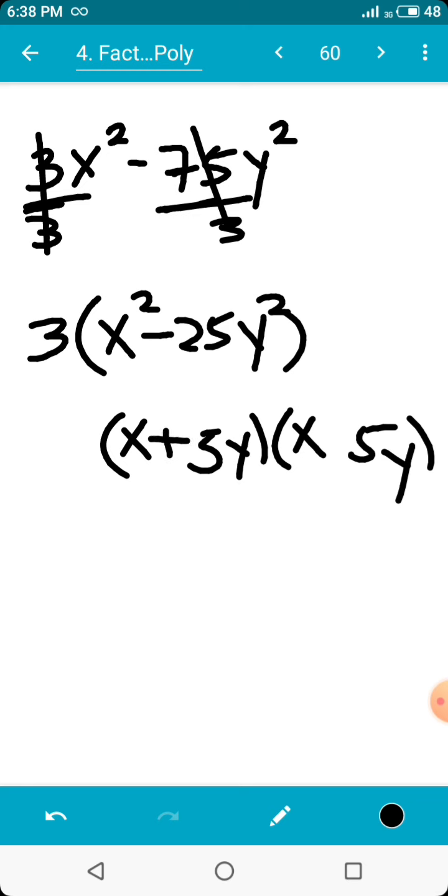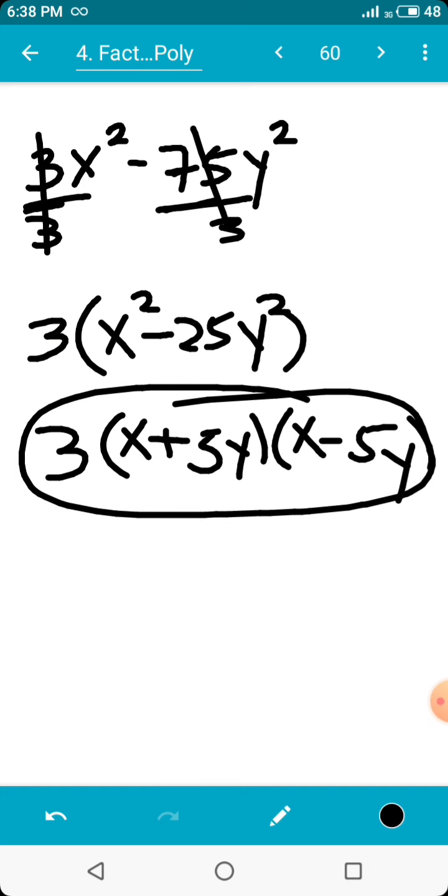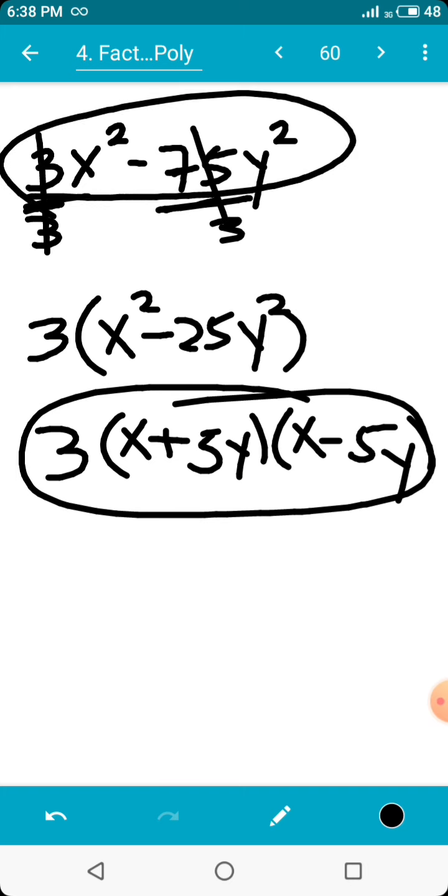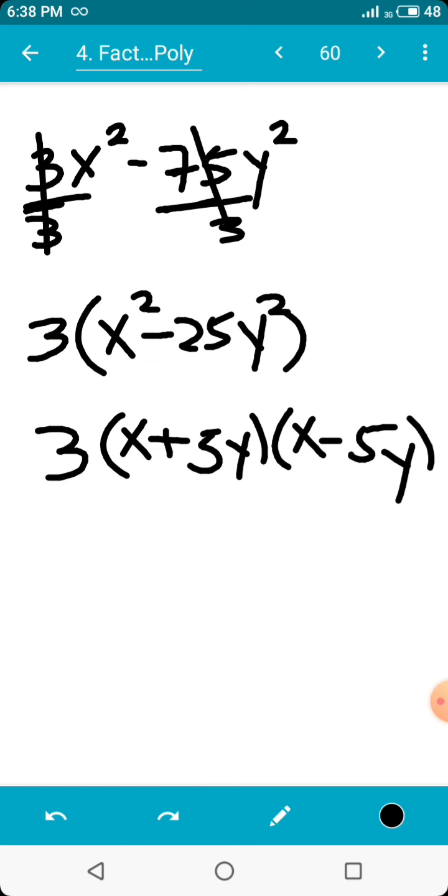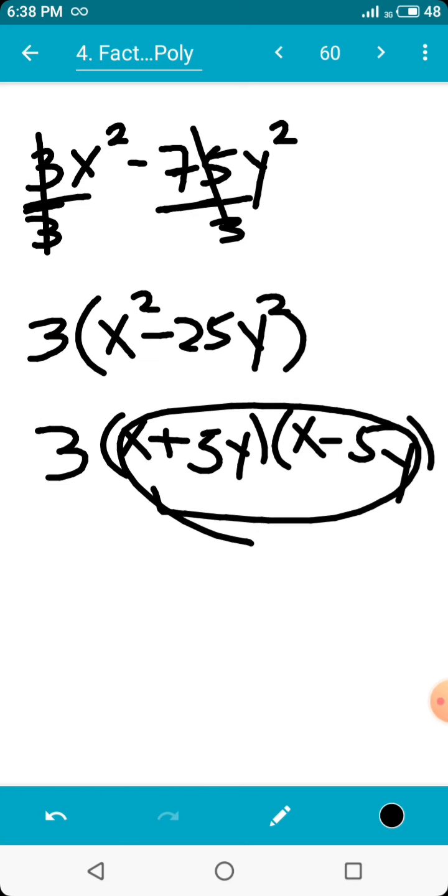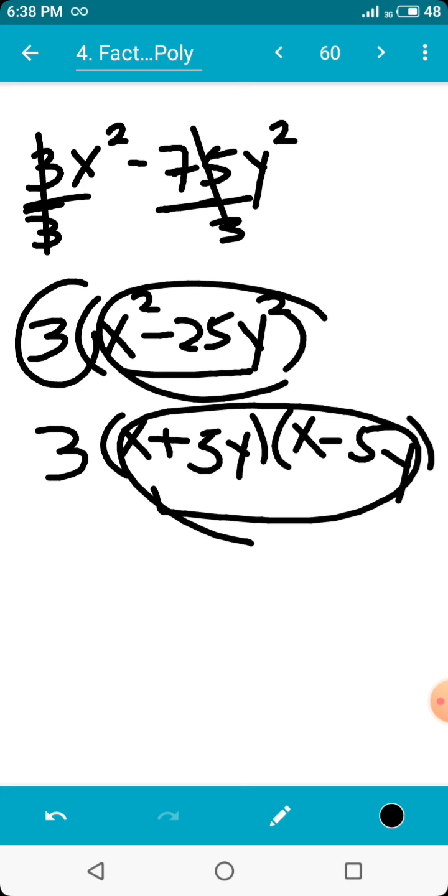So, isang addition, isang subtraction. Okay? And then, just bring down yung 3 dito. So, ibig sabihin, pag minultiply natin to lahat, ito yung magiging sagot. Okay? So, if you want, you can check this using the FOIL method. Dapat ito yung lumabas. And pag minultiply natin to, tsaka to, ito yung lalabas. Okay?